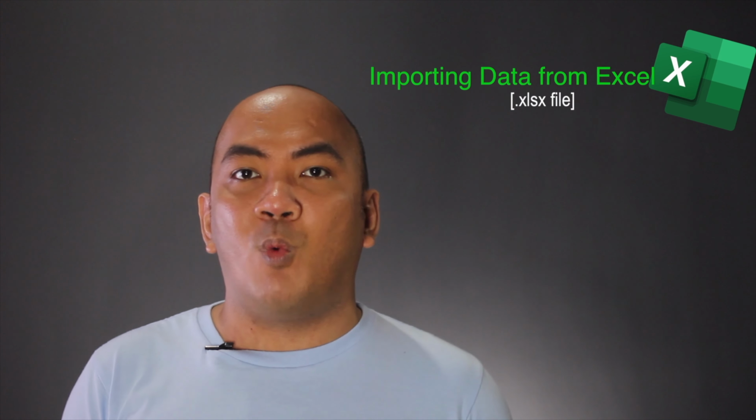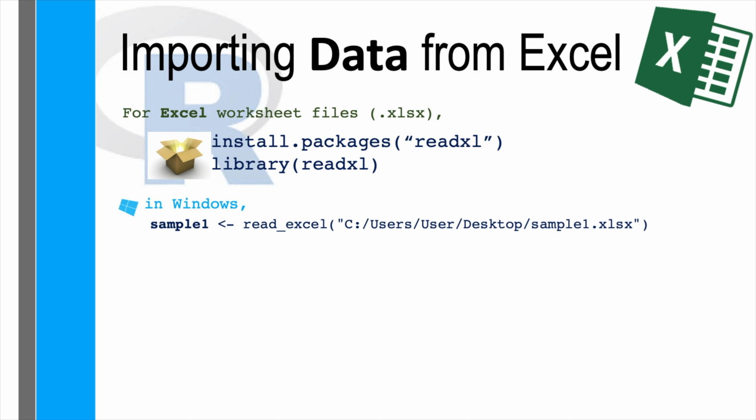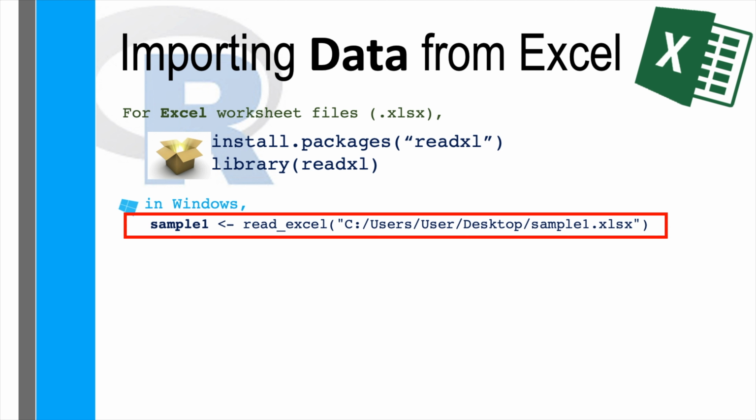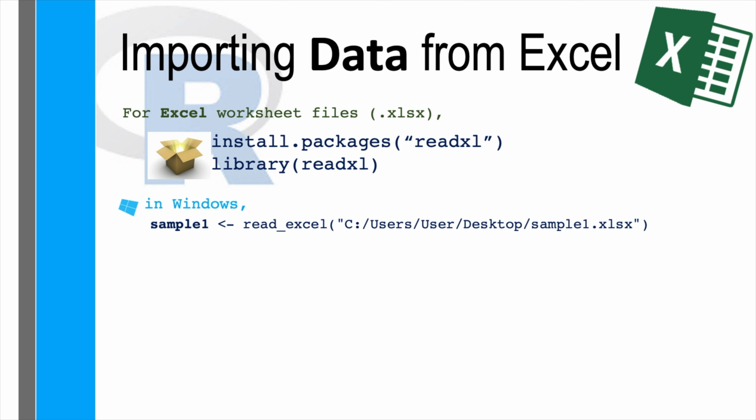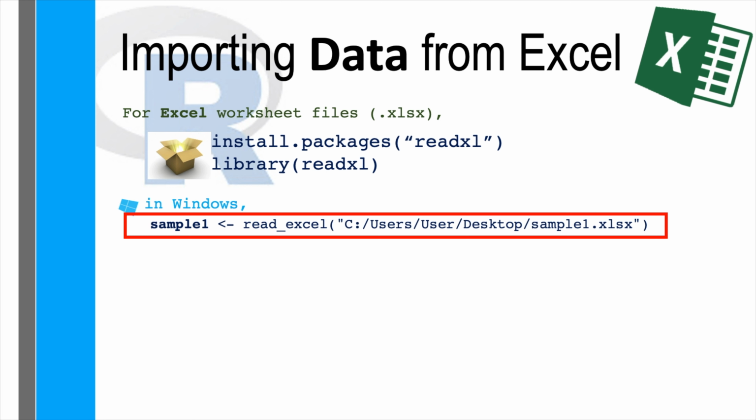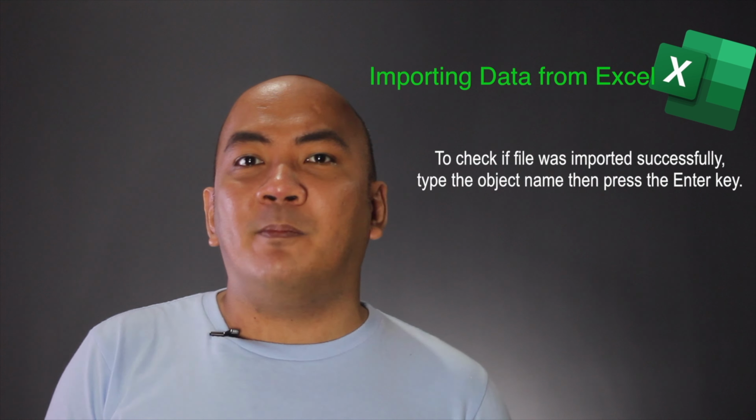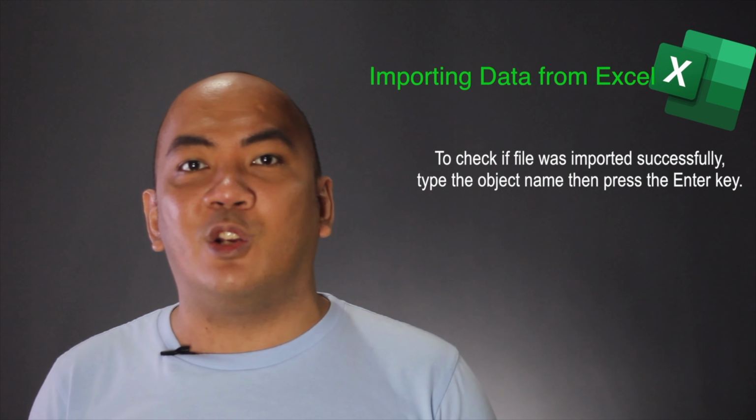So that is sample1, arrow, and then read_excel, then in parentheses and in quotation marks the complete path like c:/users/user/desktop/sample1.xlsx.